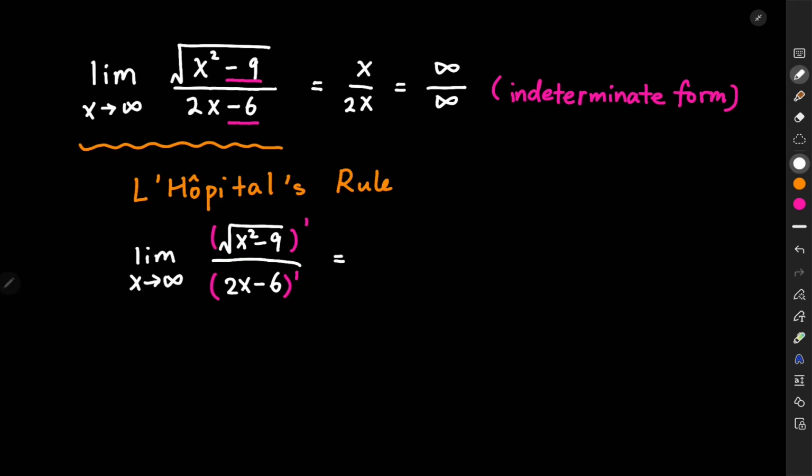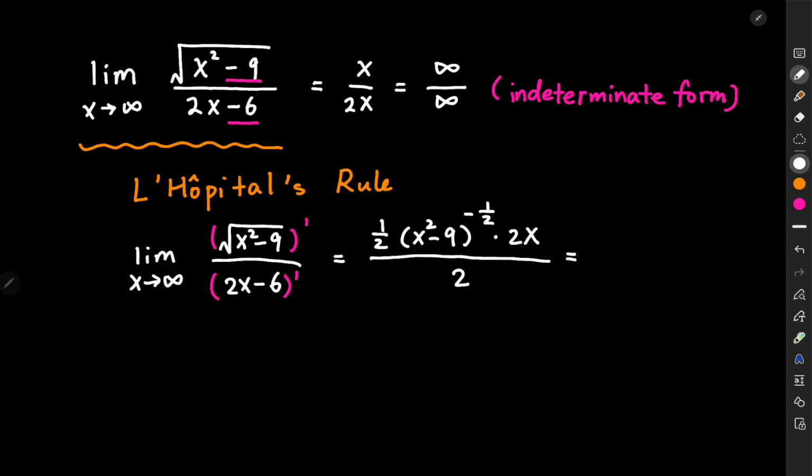The derivative of the top portion we would get 1/2 times x squared minus 9 to the negative 1/2 power times 2x. Here we're using the chain rule to take the derivative. And for the denominator, we would have 2x, the derivative of 2x is 2, and minus 6 gets canceled.